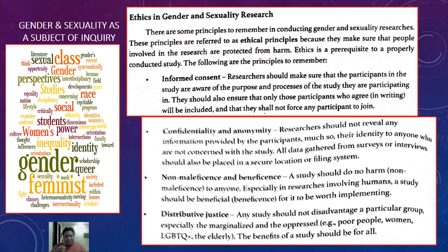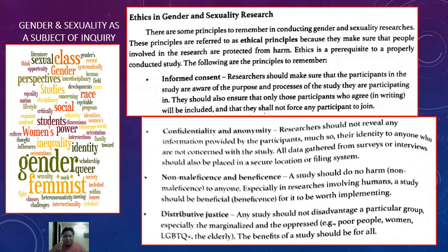The next one is confidentiality and anonymity. That's why we already have the law, the Data Privacy Act, no? So any data or information gathered by the researchers should be dealt with confidentially, no?